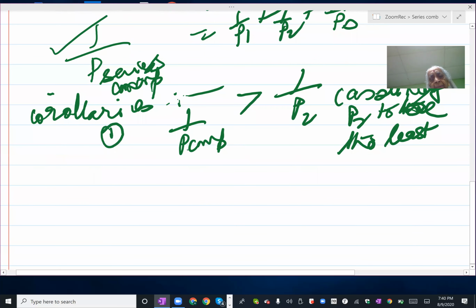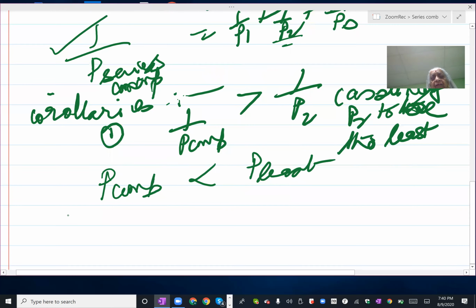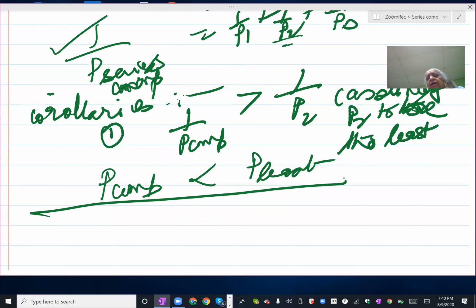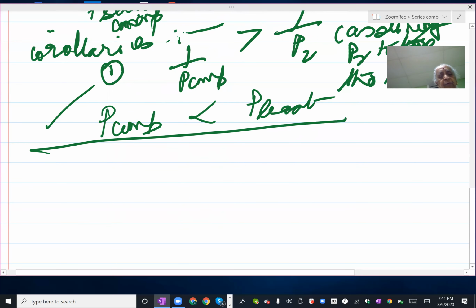We have 1 by P combination definitely greater than taking only one term into account, or in other words, P of the combination will be less than P of the least marked power. So this is the way you can identify in a four-choice problem: you have to choose that power which is lesser than the least of the powers quoted in the problem. Just like that, by elimination and ruling out the erroneous ones, you can select the correct one. That's what you should remember.